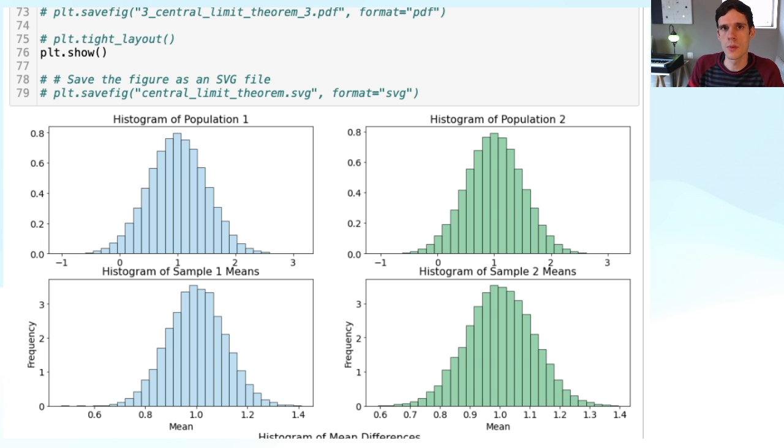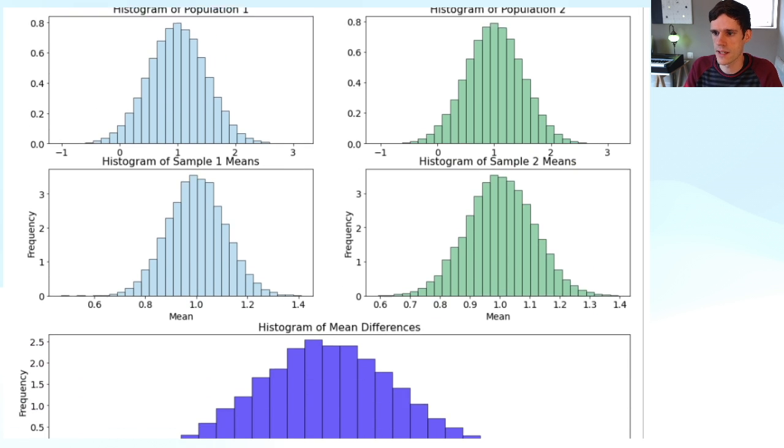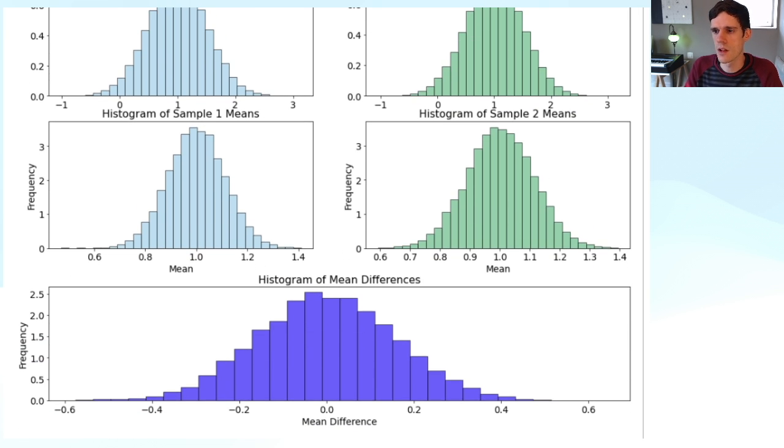The difference between these two sample means is of course distributed. And this is exactly what we plot in this last figure. We plot the difference between sample means. Now, of course, thanks to the Central Limit Theorem, we see that also this distribution is normally distributed. And indeed, it is centered around the value 0.